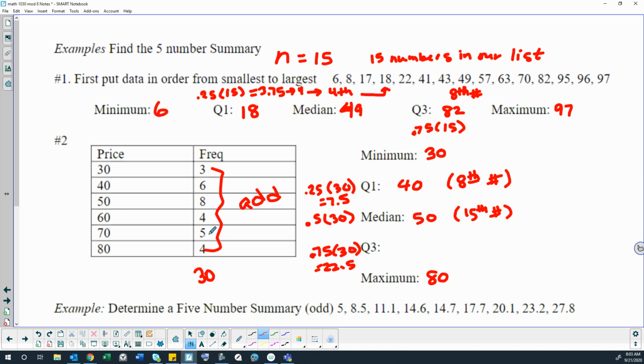And then we add 5, which takes us to the 26th number. So 70 is the number 22, 23, 24, 25, and 26. So what's our quartile 3? Quartile 3 is 70, right? So like the 23rd number.